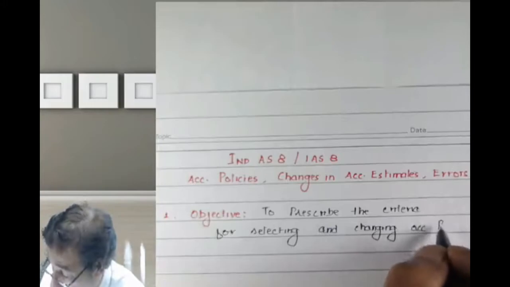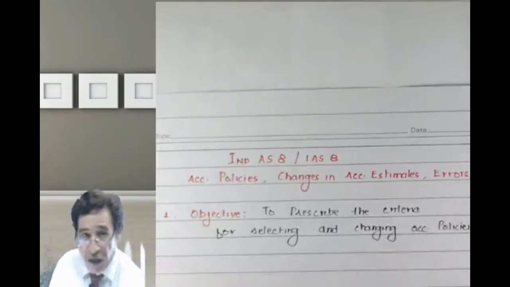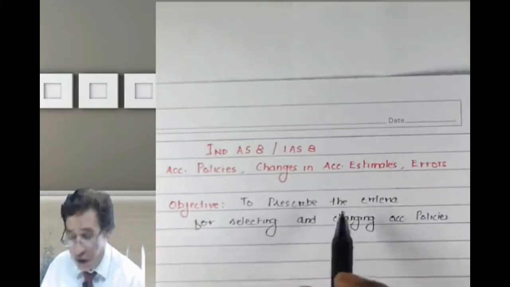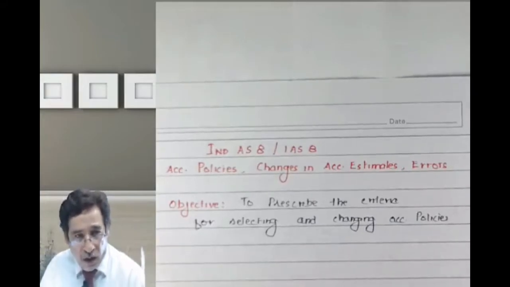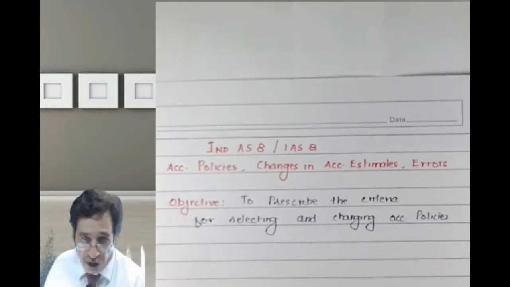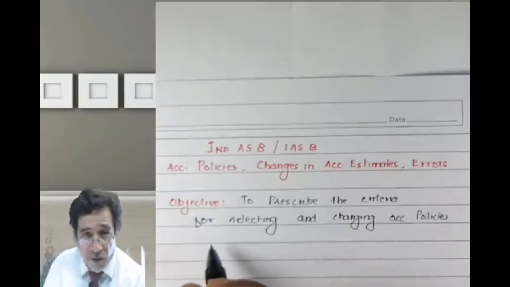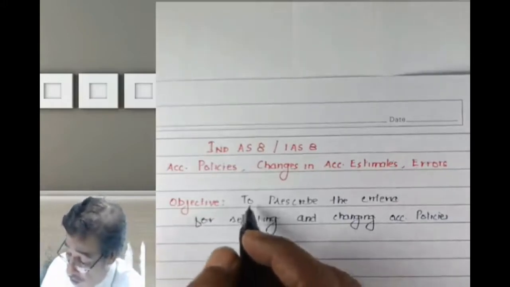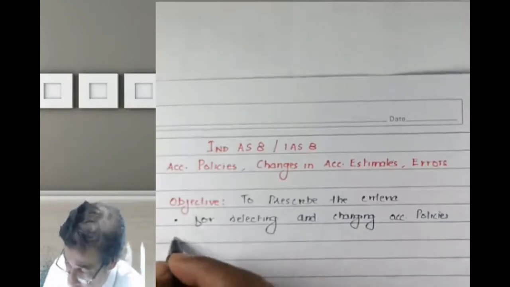That means whenever an entity decides to select an accounting policy, it will have to look over this standard, because this standard provides some criteria for selection. Similarly, if the entity decides to induct a change in the accounting policy, then again it will have to take the help of this accounting standard. This gives you a clue how important this standard is. So to prescribe the criteria, I would write it this way: for selecting and changing the accounting policies.